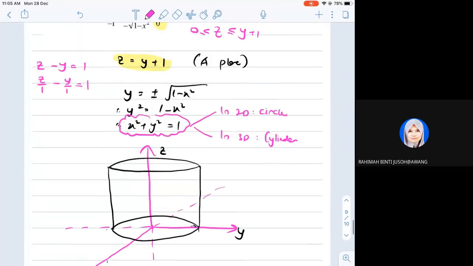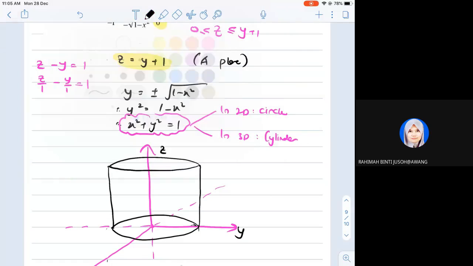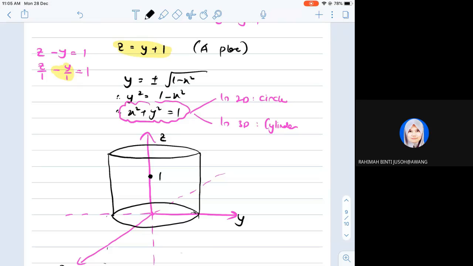So now z equals to 1, positive 1 here. But on y equals to negative 1. Okay, so negative 1, of course lah, dia cari region, our radius of the cylinder should be negative 1 kan? Kat sini positive 1. So y equals to negative 1, of course we have this part.